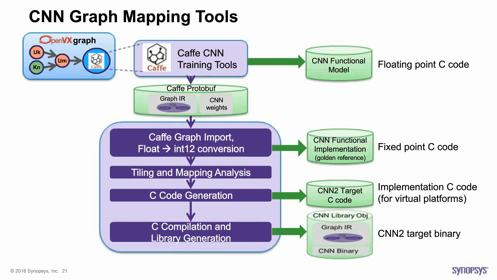It also creates a fixed point C code model that can be used for reference, for simulation or other tasks. It also creates the kernel. So you have all the views that you need generated automatically, so you can easily program the CNN engine and use it in your application.